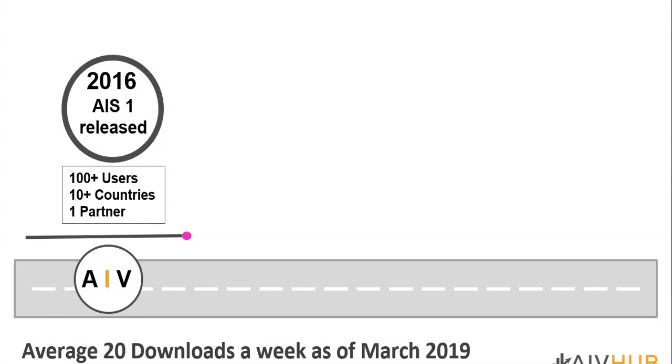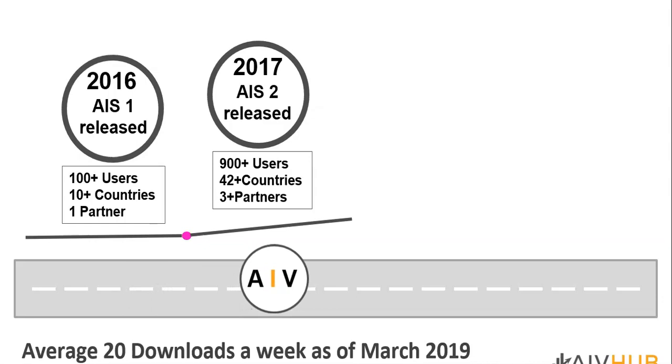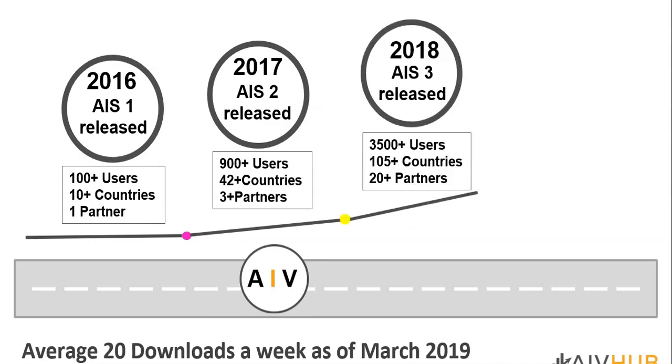We released our first version in 2016, where we got 100+ users in more than 10 countries with the help of one channel partner. In 2017, we made it commercial and released our second version after getting all the feedback from the users, where we got 900 plus users in more than 42 countries.